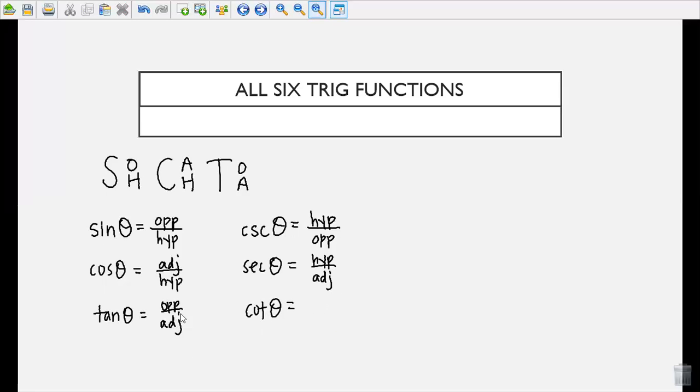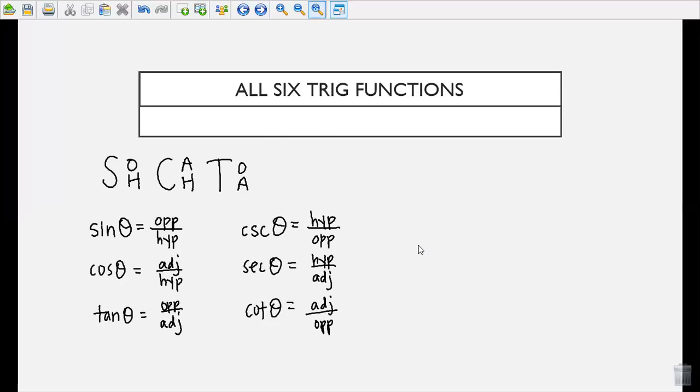All right, and then cotangent's the reciprocal for tangent. So cotangent is going to be adjacent over opposite. So you've got to know SOHCAHTOA in order to know your other 3 trig functions, right? And this is going to be important when we start using our unit circle to find these values of our special angles. All right, so there's our 6 trig functions.